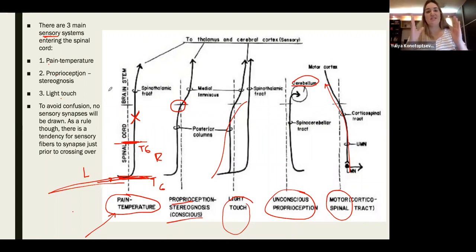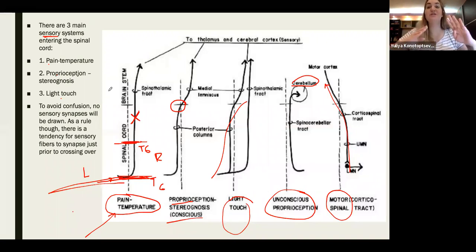So let's do this again so you get it, guys. Tracts do not stay on the same side, right? The sensory neurons, when they go into the spinal cord, never stay on the same side. They always cross. And in neuroanatomy, it's very important to know where they cross. We'll talk about it later, but for now, I just want you to understand that the crossing actually happens.